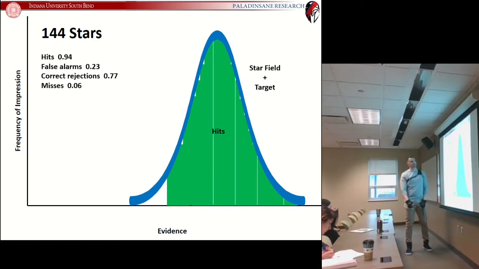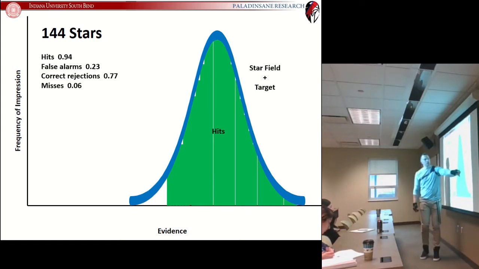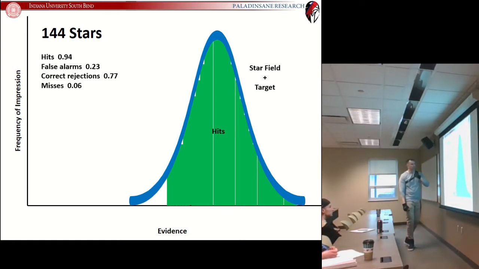Those are the hits. Misses, we missed the target only 6% of the time that it was there. So 6% of the time when that slanted line was there, we said no, it is not there. There's your 6%.